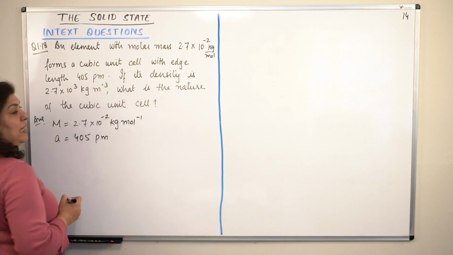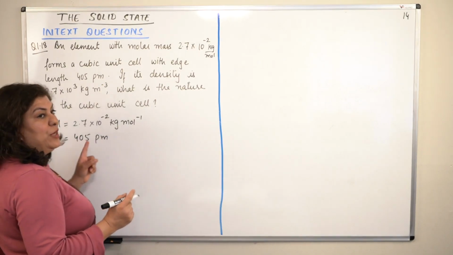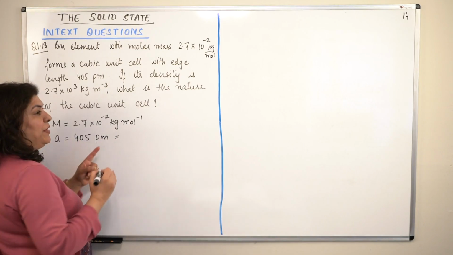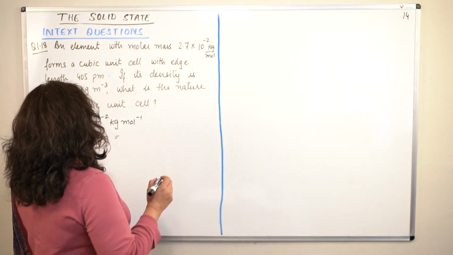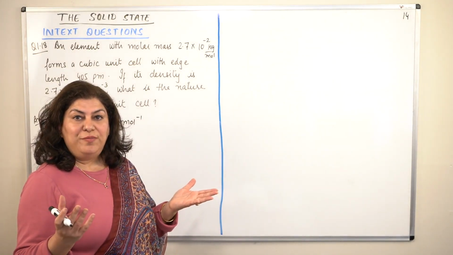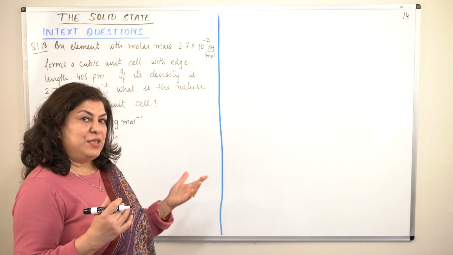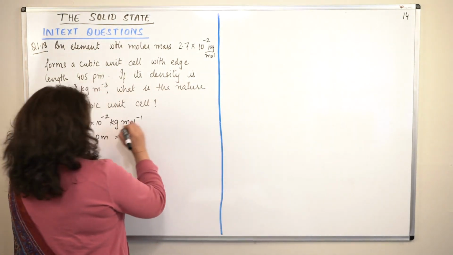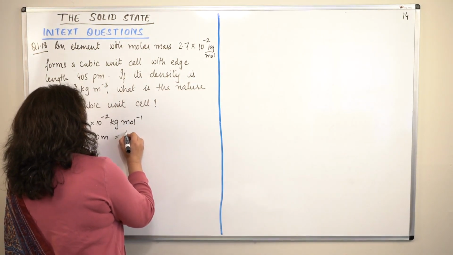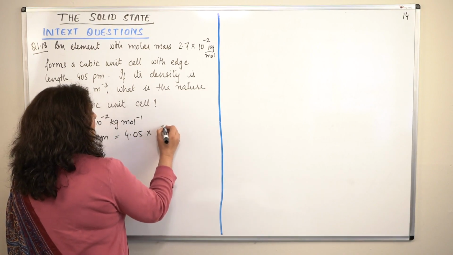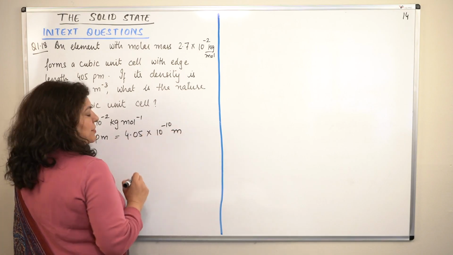Do you see here kg? So we would be converting this into meters. So this 405 picometers would be equal to 405 into 10 to the power minus 12 meters. If you convert it into scientific notation, you would put the decimal after 4, so you'll take 2 zeros from there. So 4.05 into 10 to the power minus 10 meters.